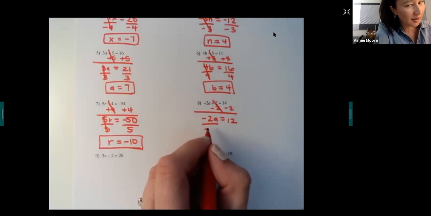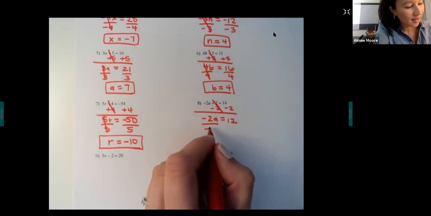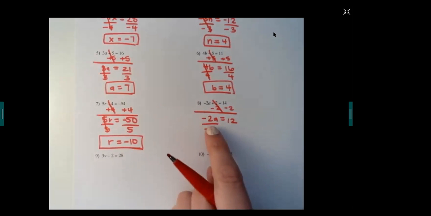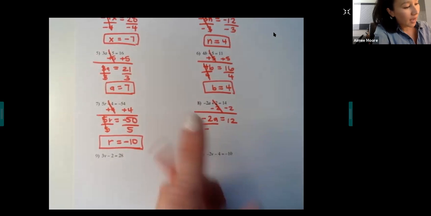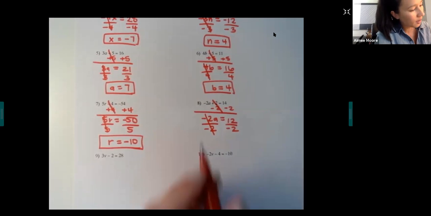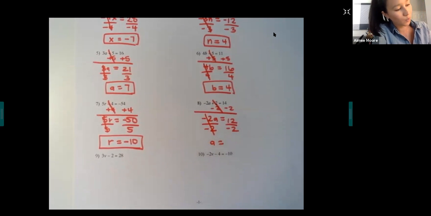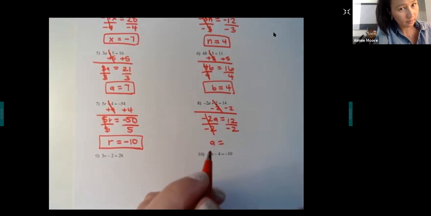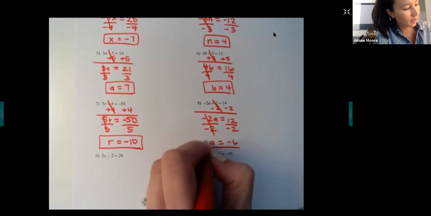By just 2? If negative 2 is in front of a, then you have to divide by negative 2. Otherwise, it won't cancel out. Yep. So you want to divide both sides by negative 2. So then those cancel out, which gives us a equals what? Negative 6. Good, negative 6.